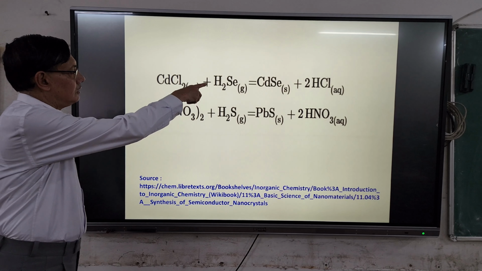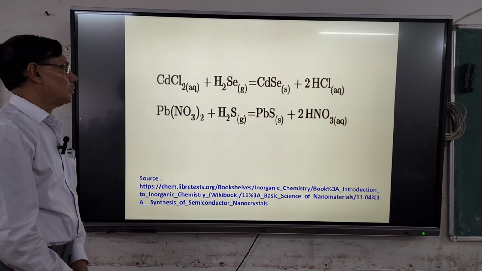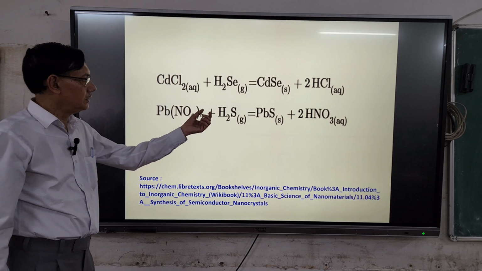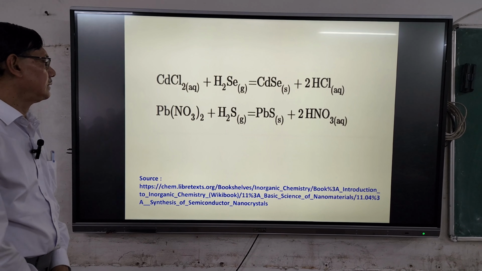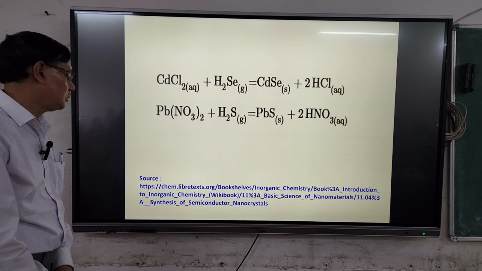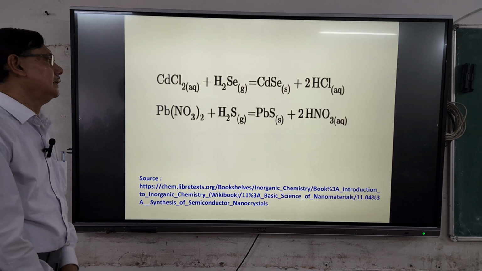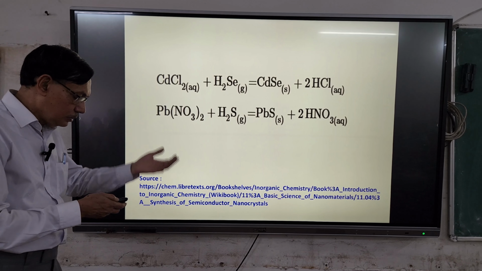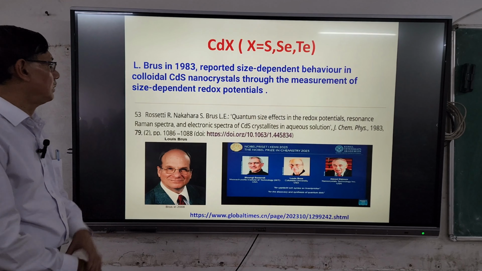So there is a direct formation of these quantum dot nanoparticles. Similarly, if you want to prepare lead sulfide semiconductor nanoparticles, I am taking lead nitrate and H2S gas. So this is the simplest method and I am taking it from this literature. Now I am coming to a little bit more difficult types of things.